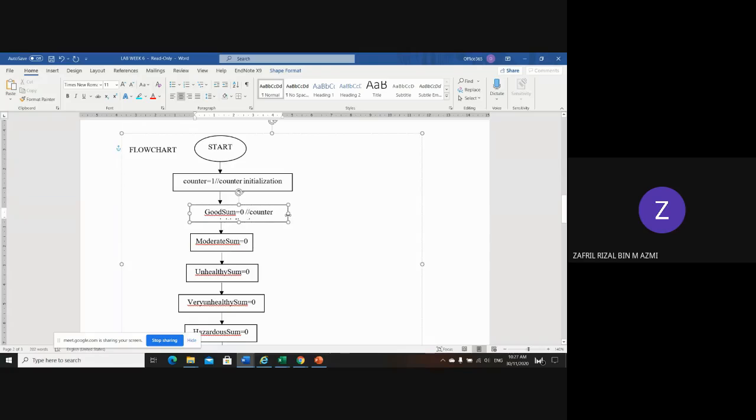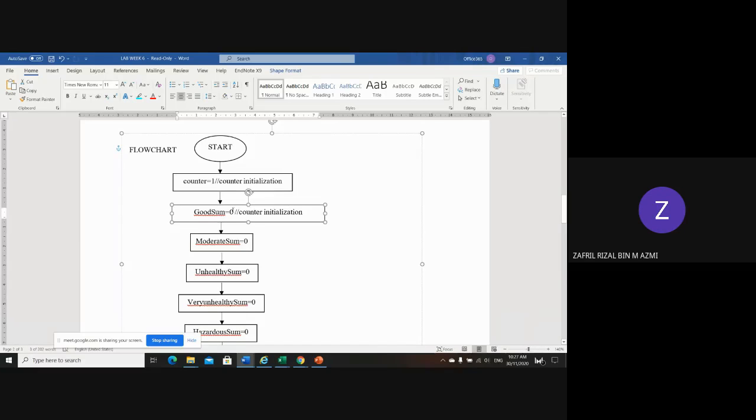This time, what do we want to count? We want to count the good days. If you have 10 counting equations, you need to have 10 counter initializations. Do you get this, class? Understand? Yes, sir.